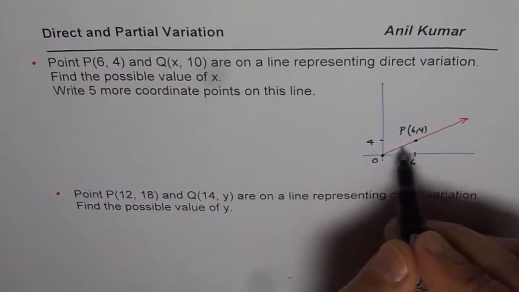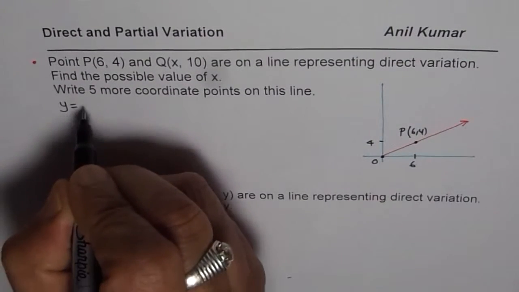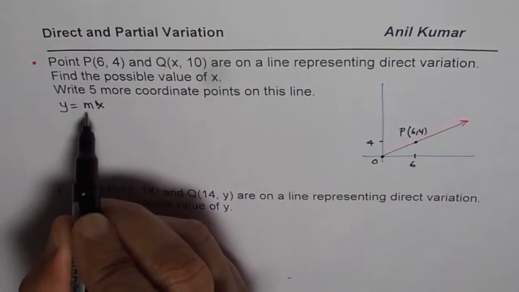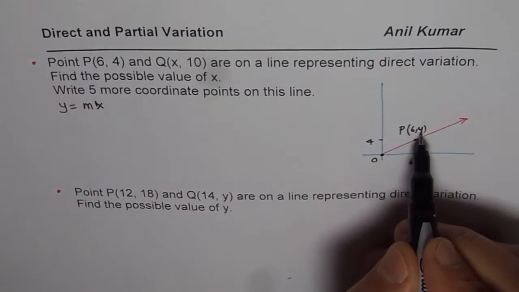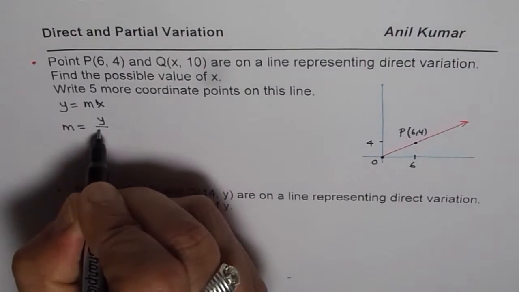Therefore, we can easily write down the equation of the line, which will be y equals mx. Now to find m, which is a constant, we can substitute the values of x and y. So m equals y over x.